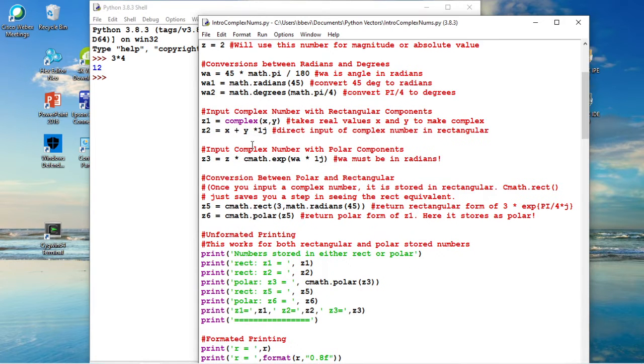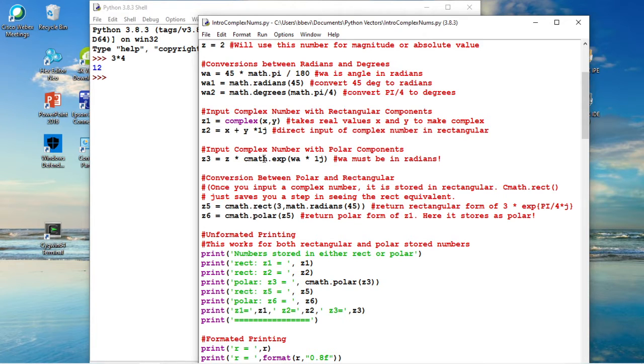Now, to input a complex number, you go in and put the name of it, and you can use complex(x, y), the real and imaginary values, or you can do x plus y times 1j. You can also input complex numbers in polar coordinates. So here you have your magnitude z, and you're multiplying that by cmath exponent.